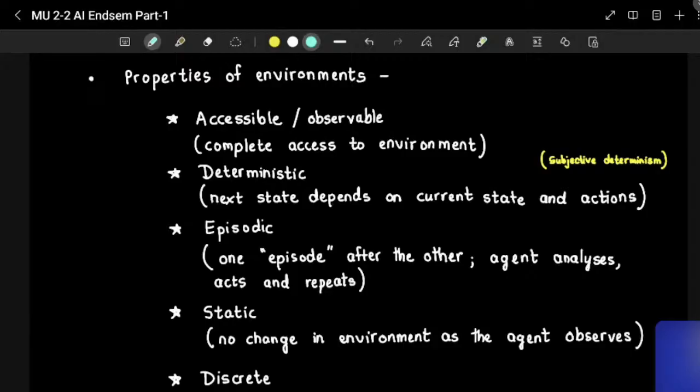But there's something called subjective determinism. Okay, wait, before going to that, non-deterministic means whatever you do, you will not be able to predict what is going to be the next state. I think state is easy to understand. For example, let's say I have a coin and then I flip it.